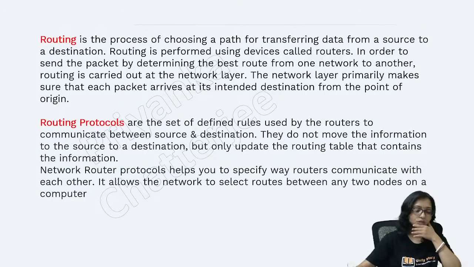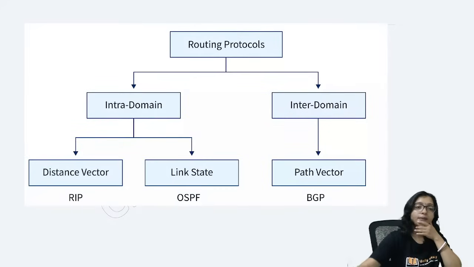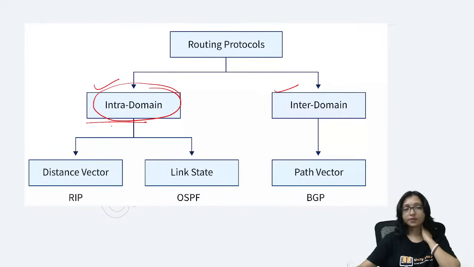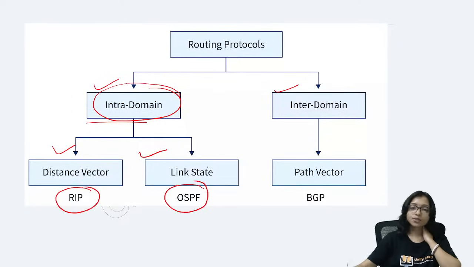Here is the difference between some routing protocols. There are different types of routing: intra-domain and inter-domain. Intra means inside the domain: distance vector and link state. Example RIP, and here the example OSPF.